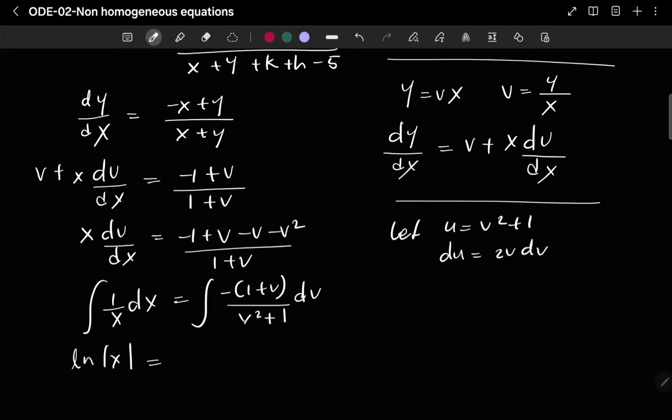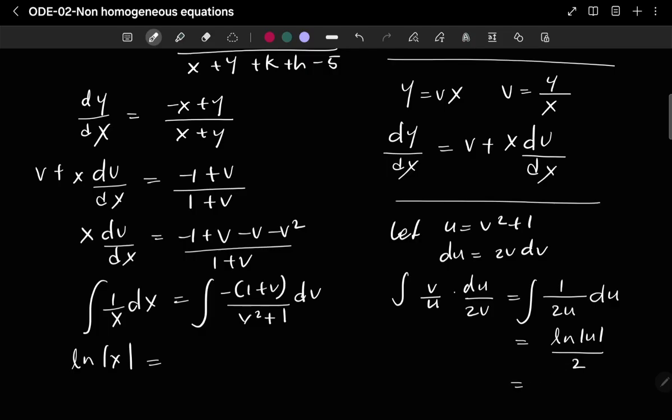By substituting this, we get integral v over u du over 2v, which equals integral 1 over 2u du, and then we get ln u over 2, which is ln (v squared plus 1) over 2. This is for v over v squared plus 1.